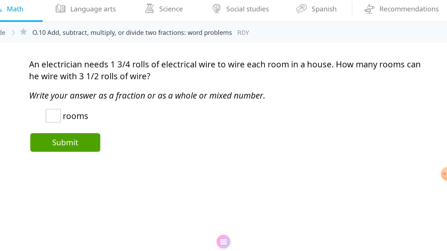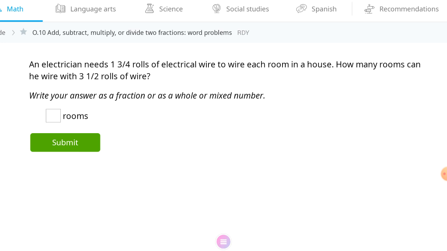So an electrician needs 1 roll of wire to wire each room in a house. How many rooms can he wire with 3 rolls of wire? Multiply or add? Nope. Chase? Divide. Why? Because you have to find how many rooms.